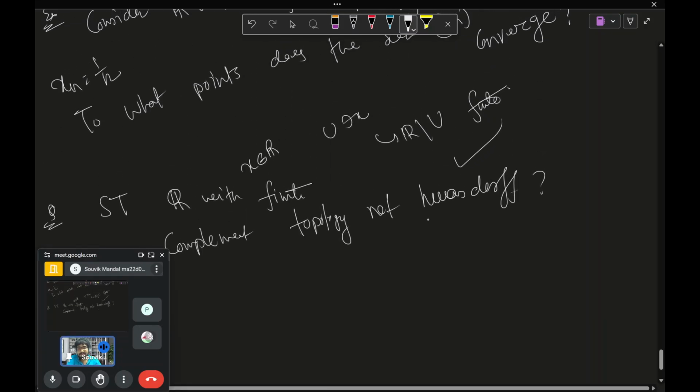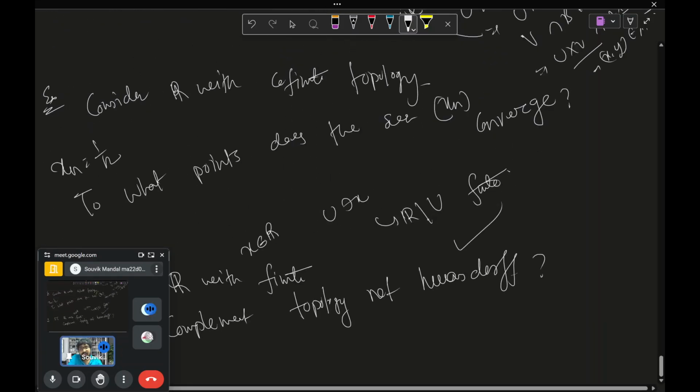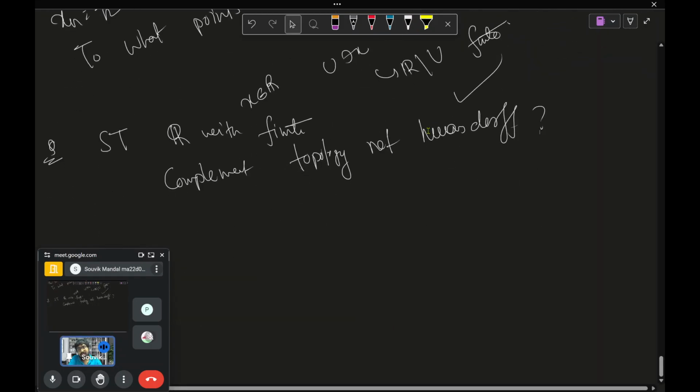In the last exercise we have seen that a sequence can converge to infinitely many points, so using that we can say that it is not Hausdorff. But can you please prove directly, from the definition, that R with finite complement topology is not Hausdorff? Just try. It is easy.